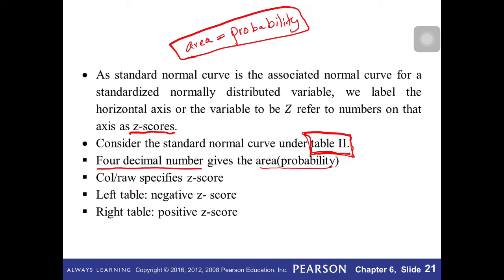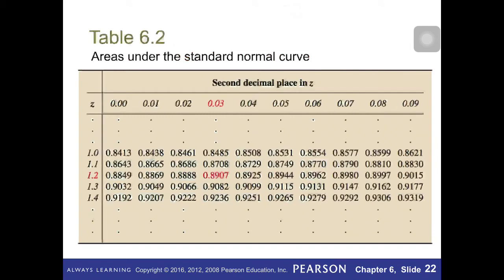Rows and columns specify the particular Z score. There are two tables, as I mentioned above, a left table and a right table. The left table tells you the negative Z scores, and the right table tells you the positive Z scores. This is a screenshot of the standard normal curve table.